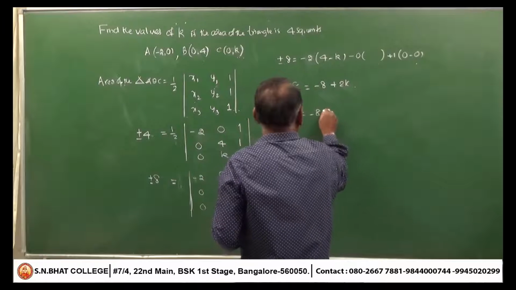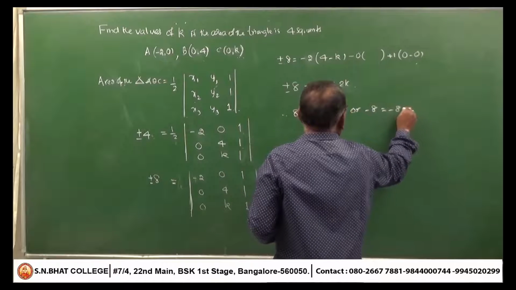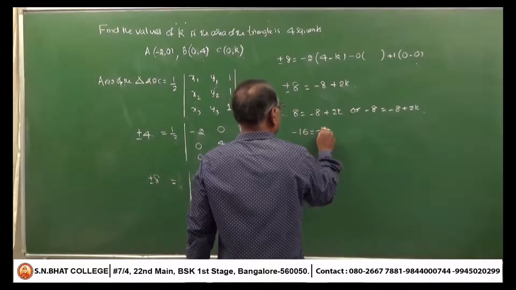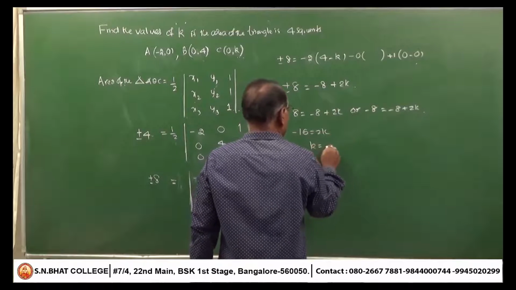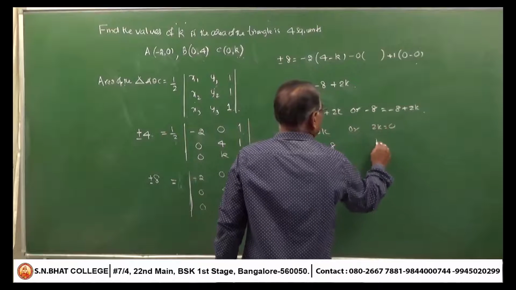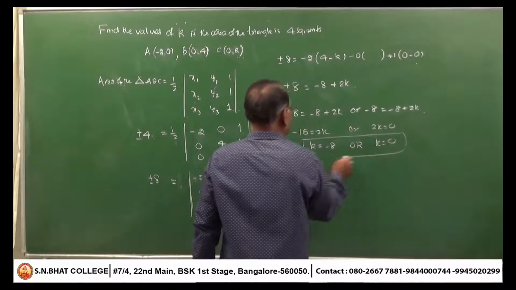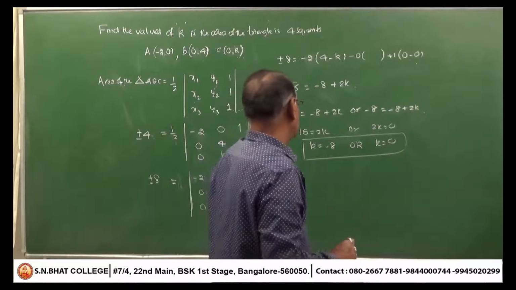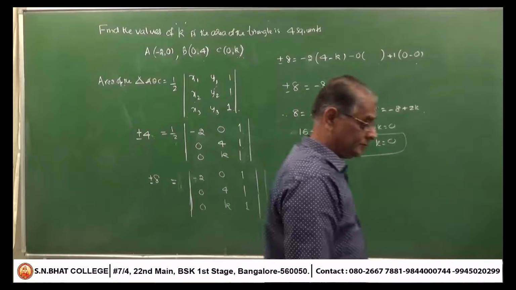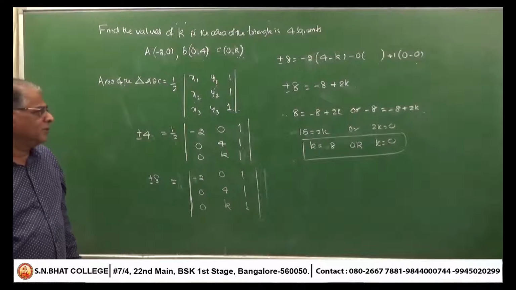Therefore 8 is equal to minus 8 plus 2k, or minus 8 is equal to minus 8 plus 2k. This is minus 16 is equal to 2k, k is equal to minus 8, or 2k is 0, k is equal to 0. Two values of k.